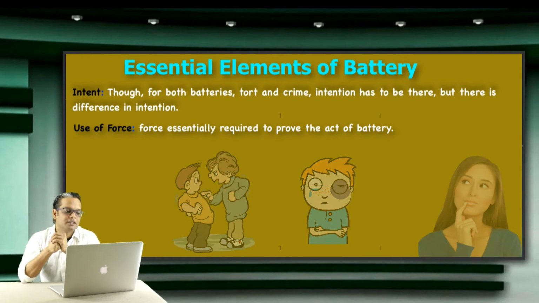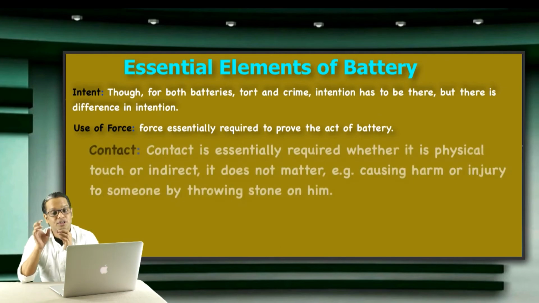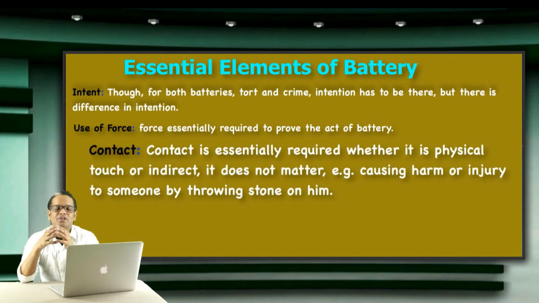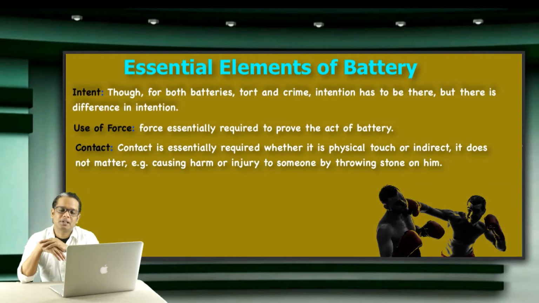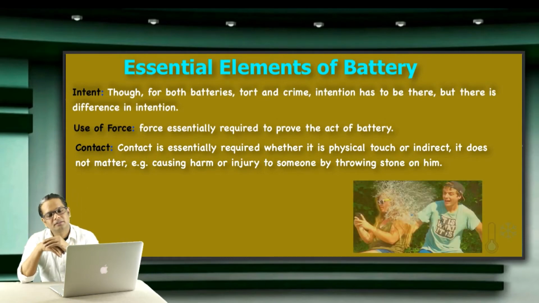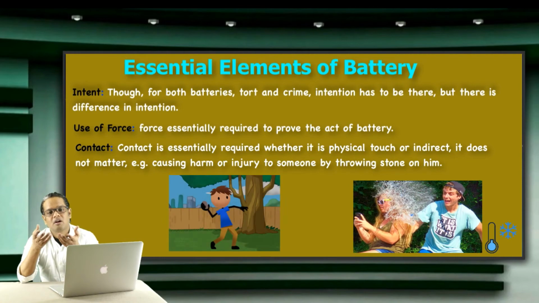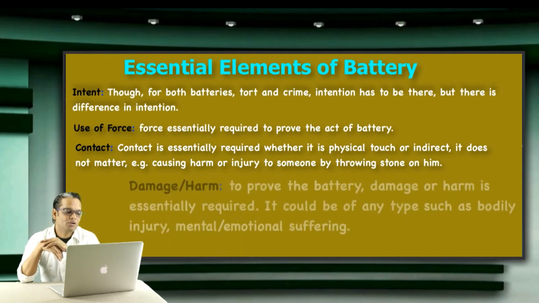The next one is contact. Of course, it is not essentially required that you physically go and hit, but as we have discussed in the example, if you throw warm water or a stone or anything of such type that caused injury to that person, that is well covered under battery.